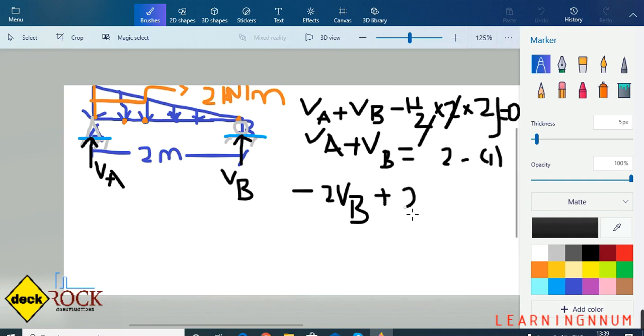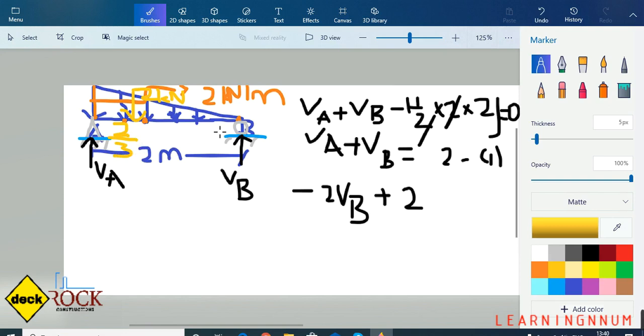And the total load of 2 kilonewtons would act right at the center of gravity of the loading. So what is the distance from A? This would be 2 by 3, right?